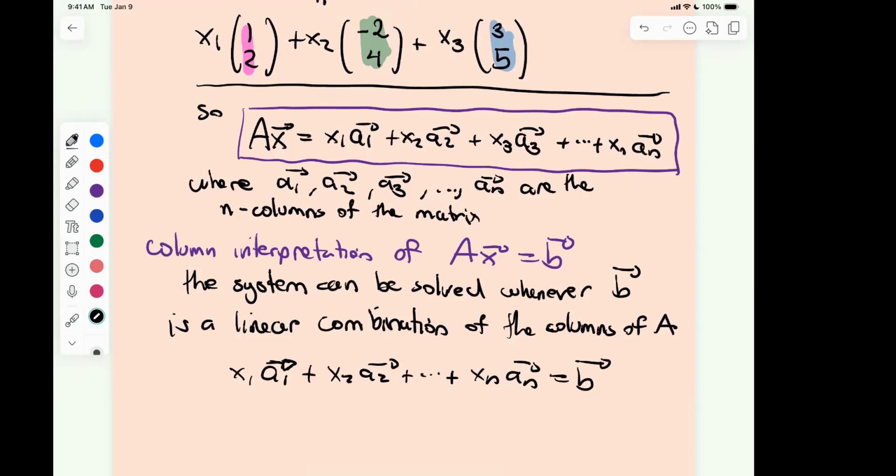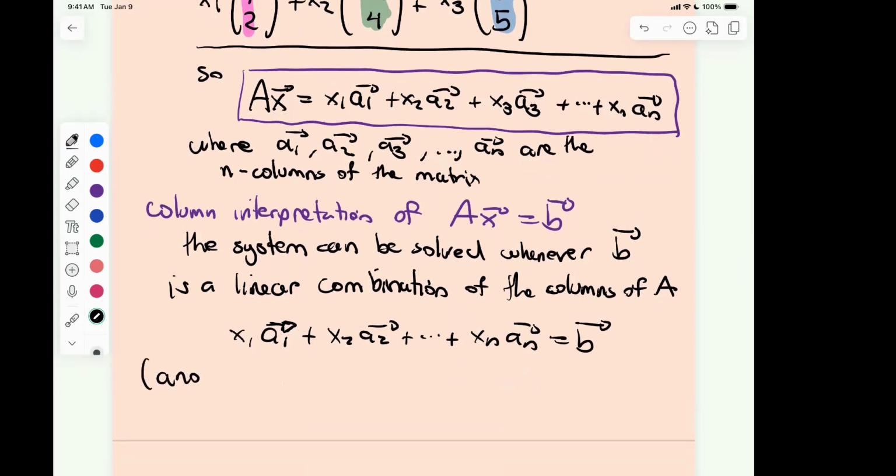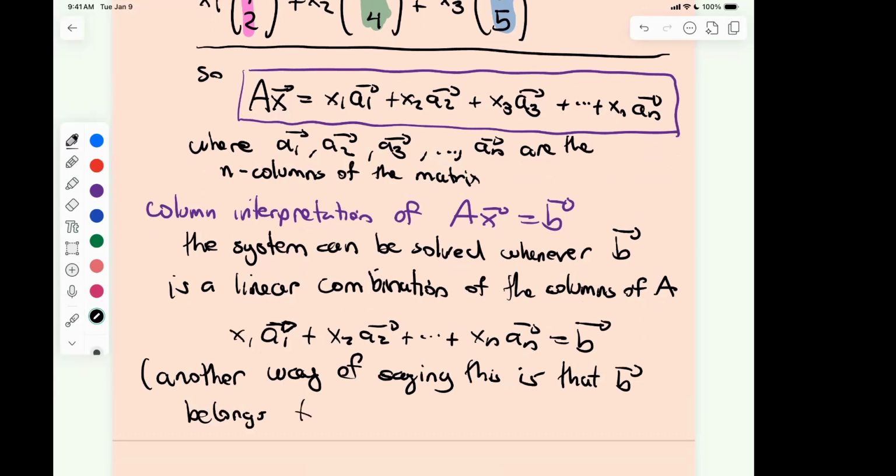So another way of saying what I just said is that b belongs to the column space of A. Is that okay? Questions up to this point?